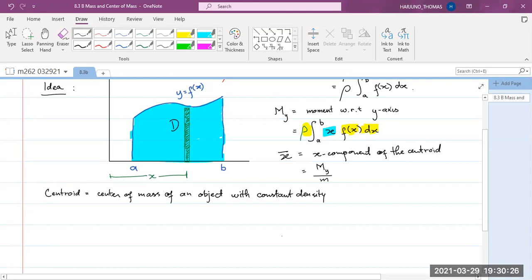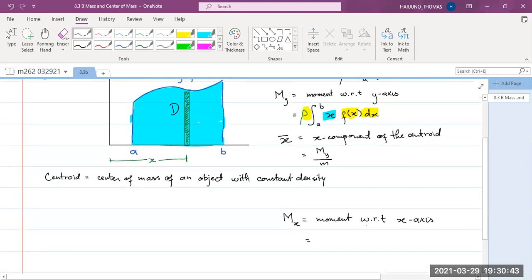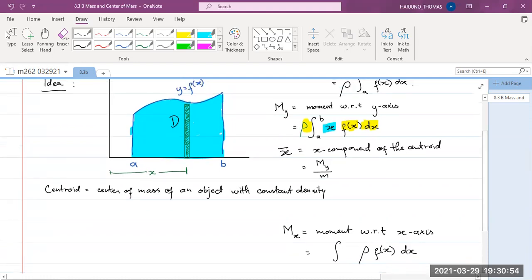Now, how about the moment with respect to the x-axis? That's the moment with respect to the x-axis. That's equal to the mass of that rectangle multiplied by the distance of that rectangle from the x-axis.